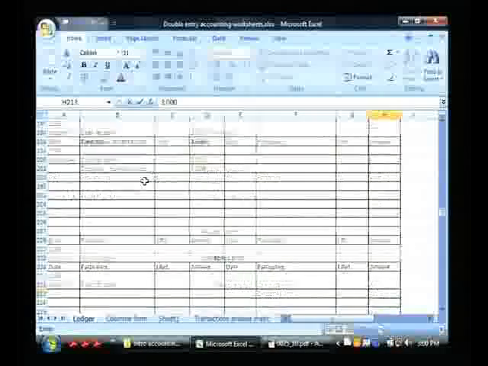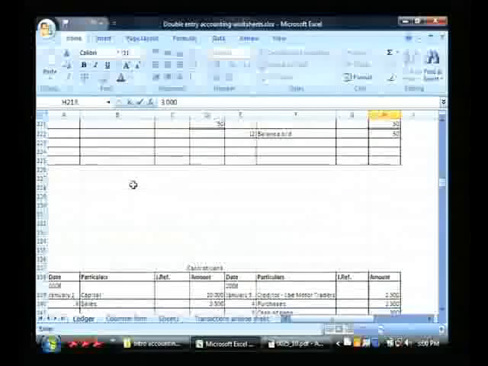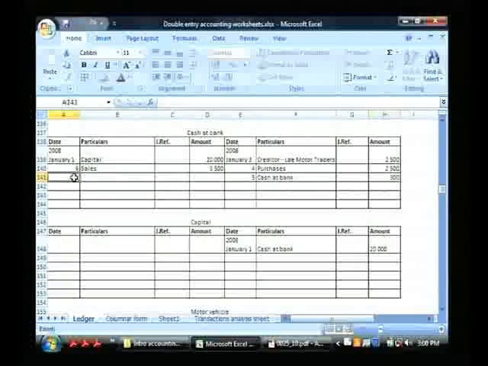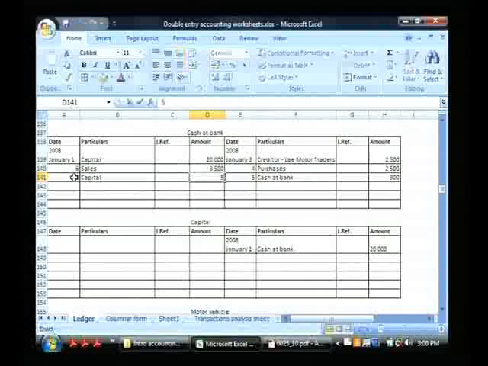9th, cash at bank debit and capital account credit. Amount 5,000.